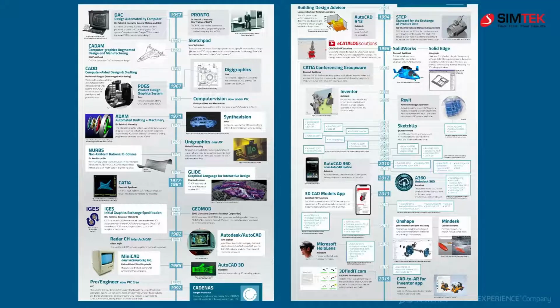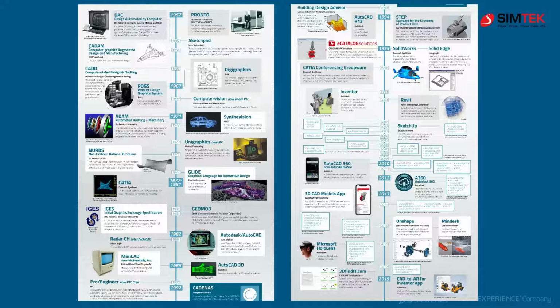This picture will give you an idea about the software that was introduced in the market. Initially 2D evolved to 3D, and we make use of the 3D models to make programs for CAM and for simulation, and now we are using the 3D models for 3D printing also.